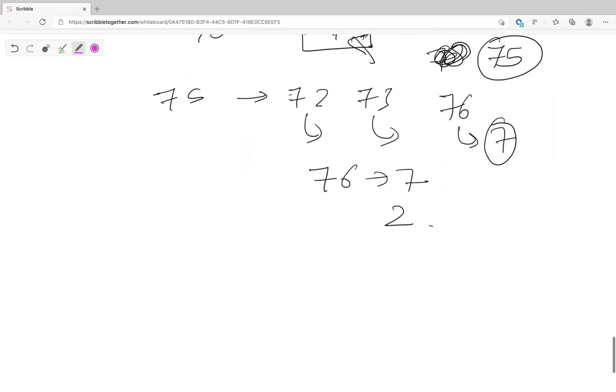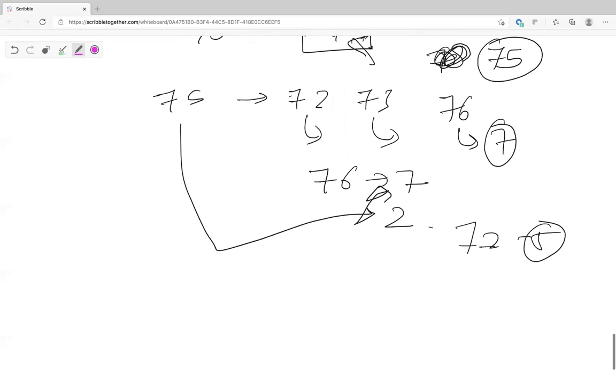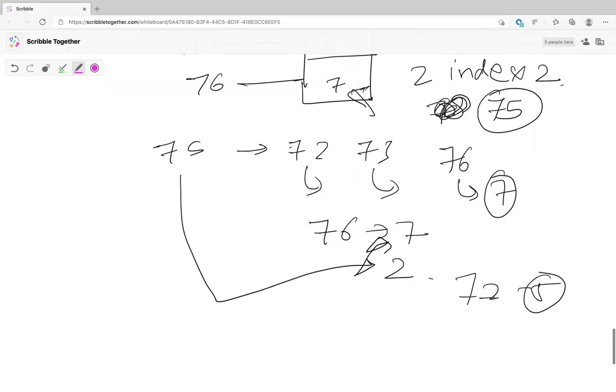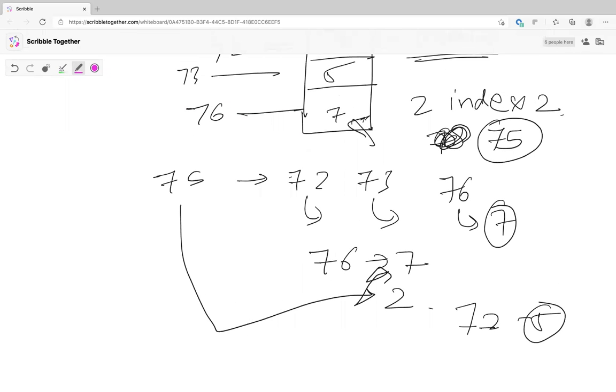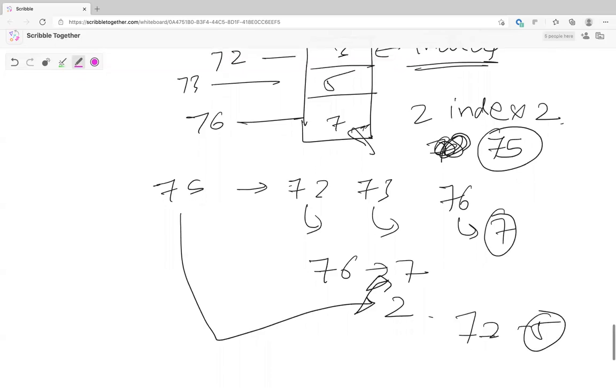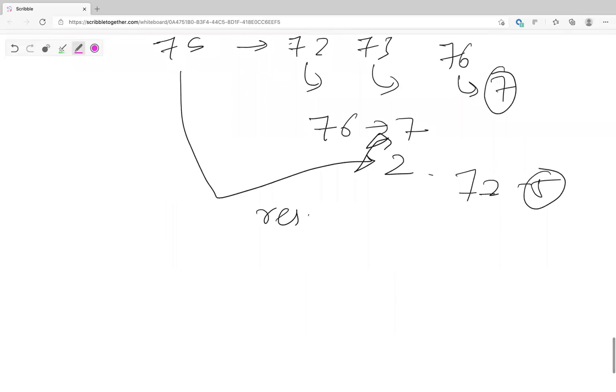That means the higher element than 75 is stored at index 7. So 7 minus 2 is 5. The next higher temperature than 75 is 5 steps ahead, so your result of 2 equals 5.